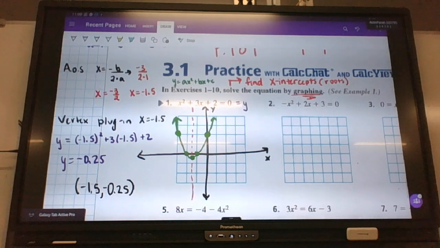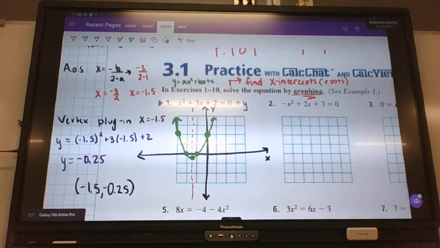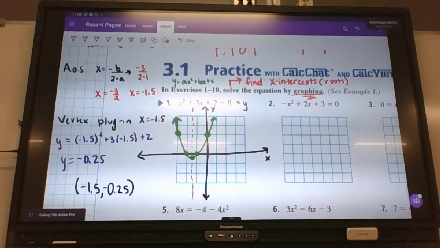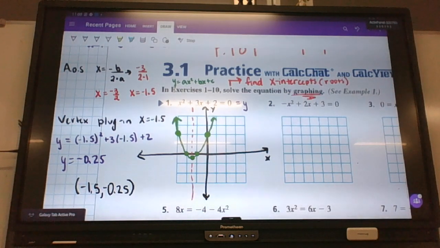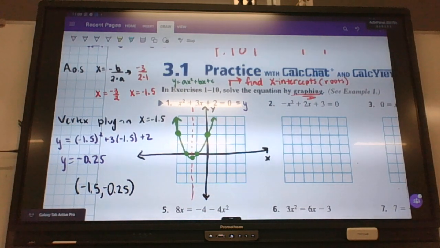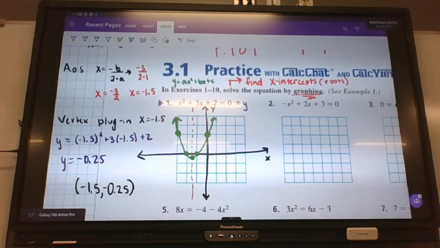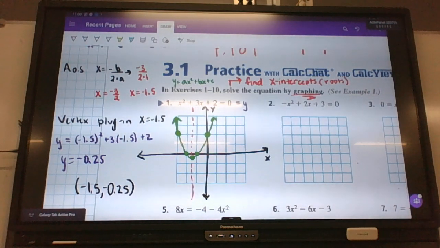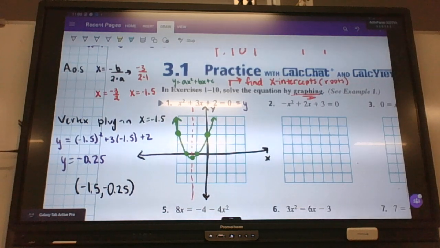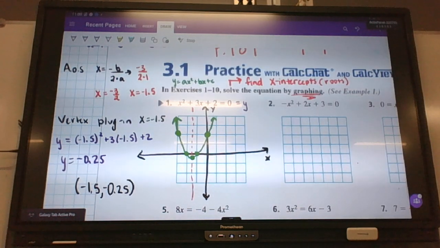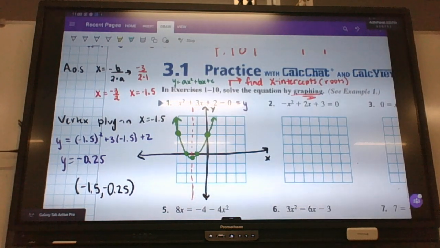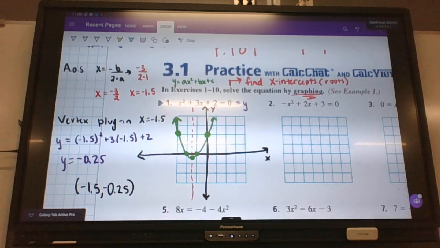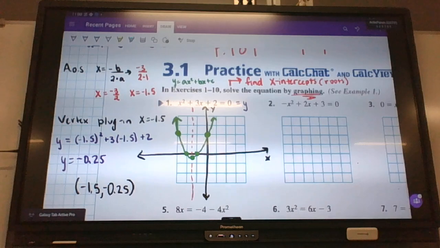These are the numbers that we were looking for. These are called roots. They are the solutions, and they are the x-intercepts. So when we are asked to solve, we will box the answers x equals -2 and x equals -1. Those were the two numbers we were looking for.